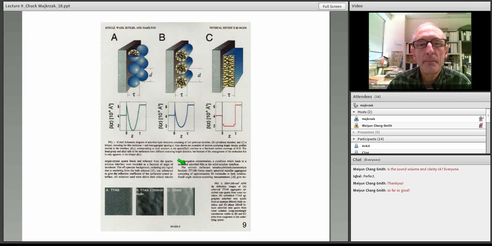And the scattering length densities normal to the surface, these depth profiles look parabolic in this case, a little bit more rounded in the case of the cylinders, and rectangular in the case of the lamellar structure, which I think is kind of intuitive. But I think you get the picture.